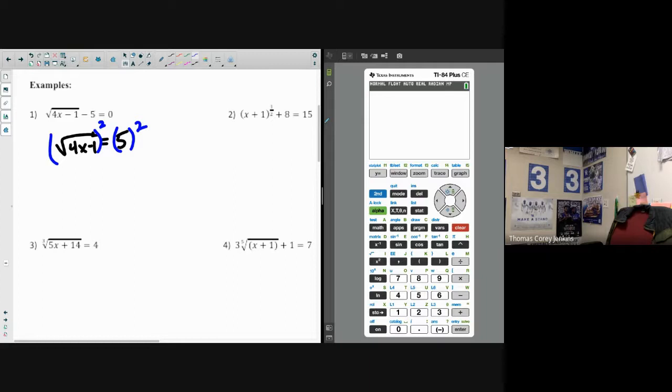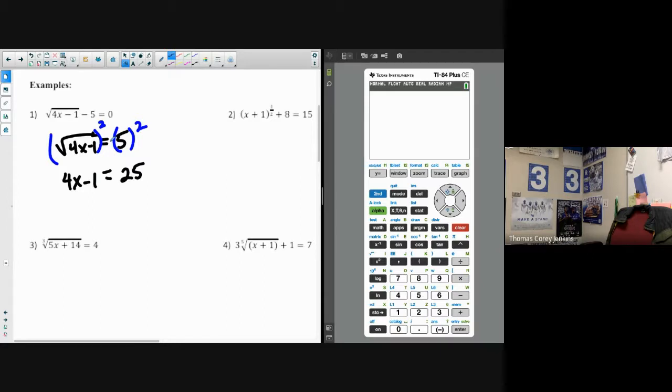All right, so after we square both sides, what we end up with is this square just undoes the radical, right? Square is the inverse of square root, so it just leaves me with what's underneath. So 4x minus 1 is equal to whatever we get on the other side, 25. And we don't do the plus or minus there, right? Because that's just when you take the square root, all right?